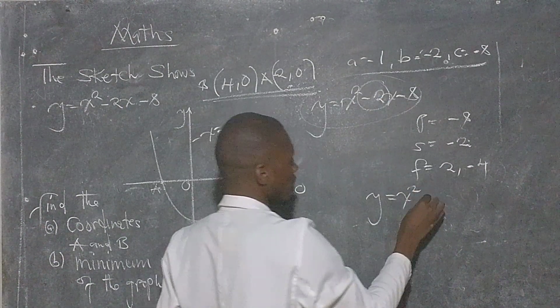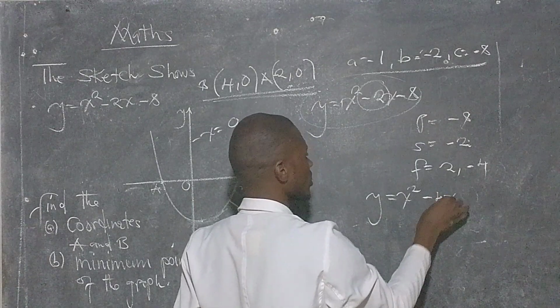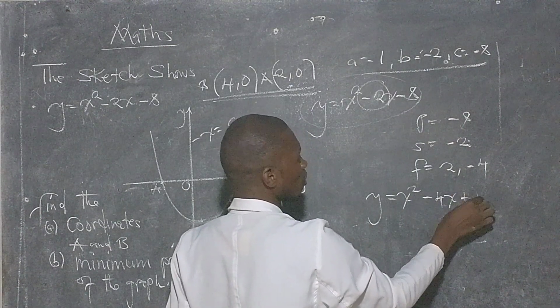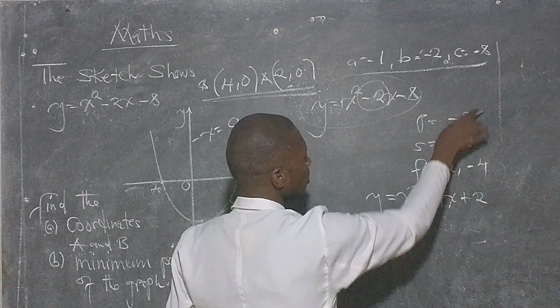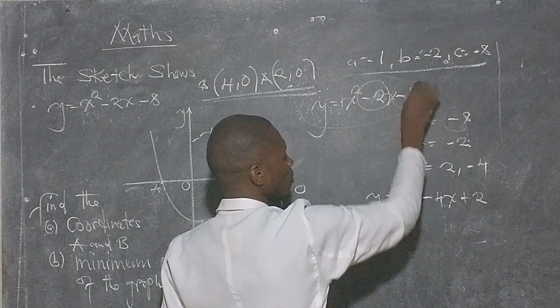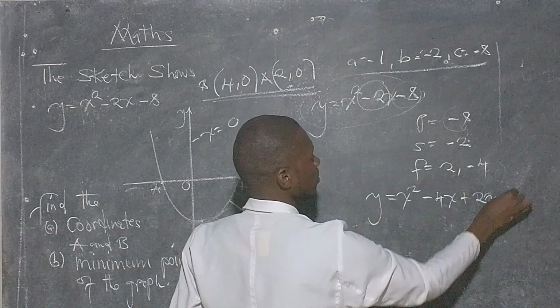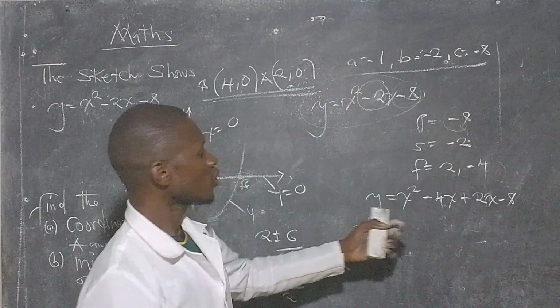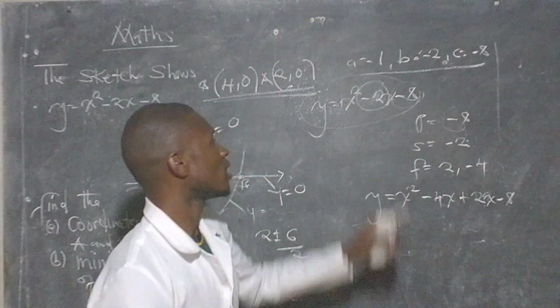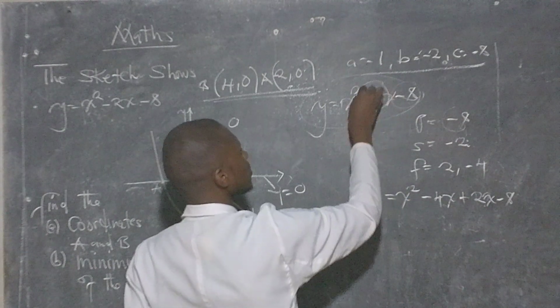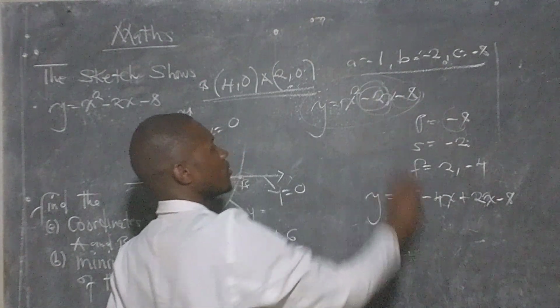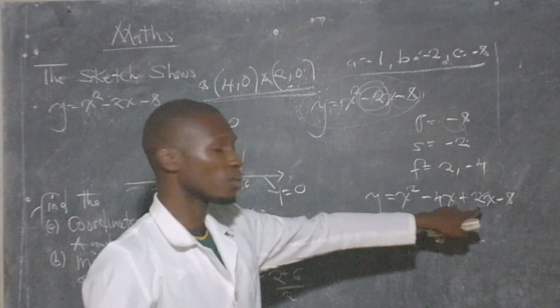So we have negative 4 here, so negative 4x, we have 2 here, it is positive, so plus 2x. Then this part will be maintained, so minus 8. So the essence of finding the factors is to replace this middle value, negative 2, by these two factors we have looked for.